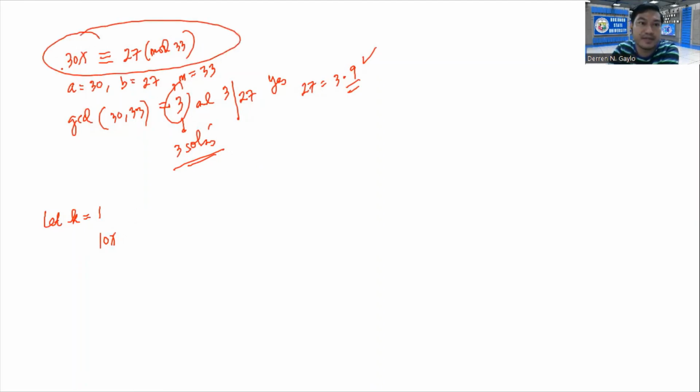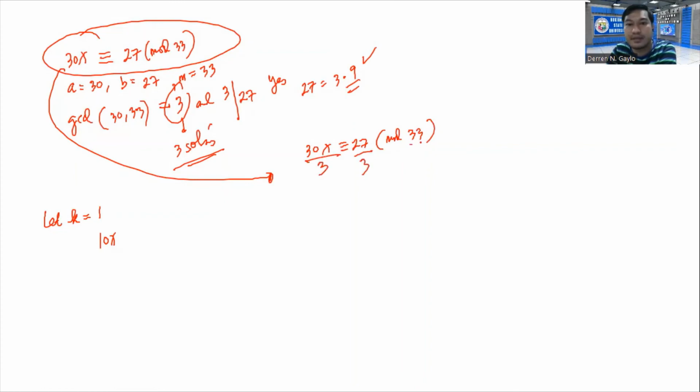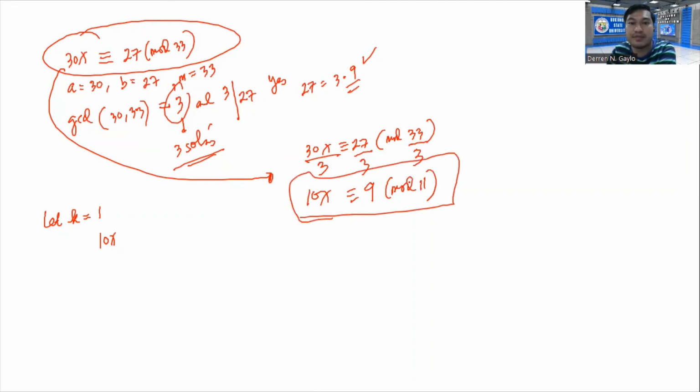So, let's simplify this one because I think we can divide this by 3. So, 30x congruent to 27 modulo 33. Divide this by 3. Divide this by 3. Divide this by 3. So, you'll have 10x is congruent to 9 modulo 11. So, kanina itong gamiton ang simplified na form.